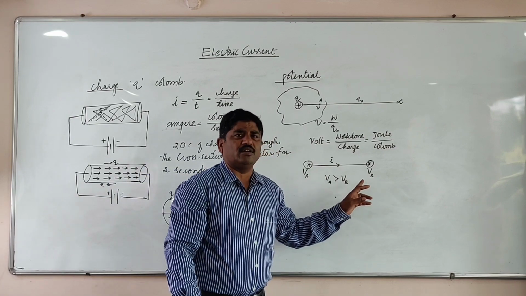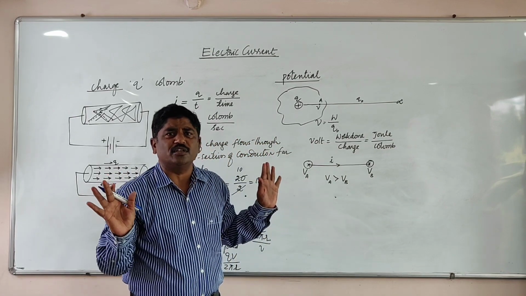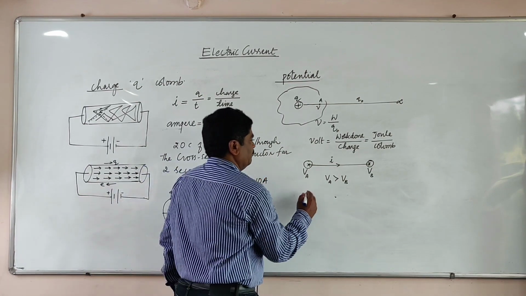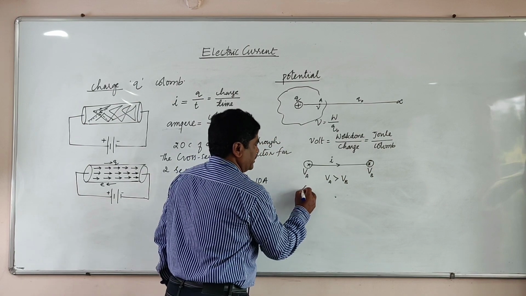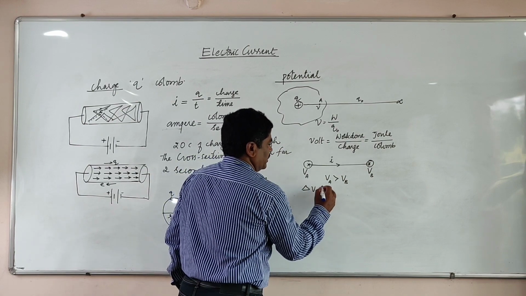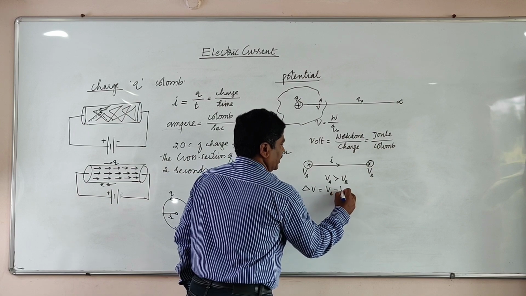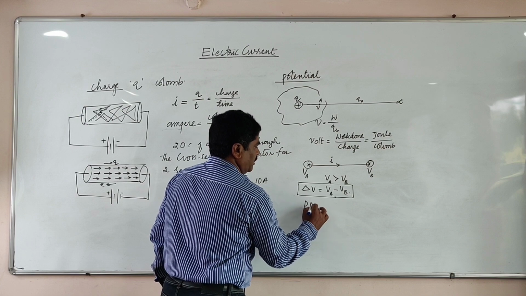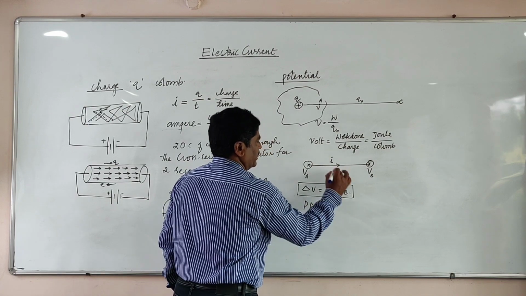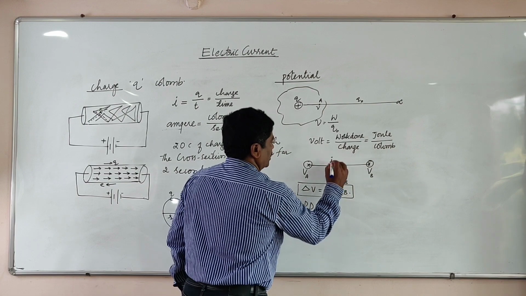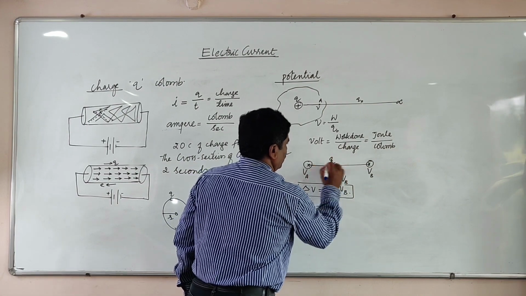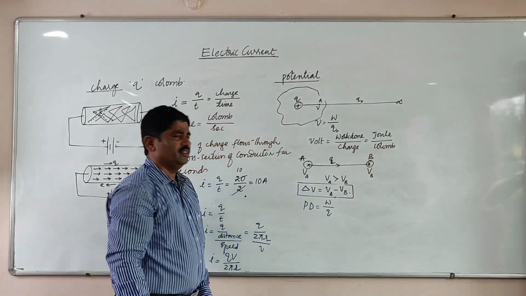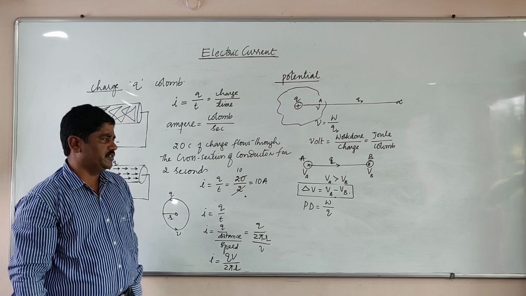If the two points have no potential difference, there is no flow of electric charge. That is why the potential difference between two points is denoted by delta V, which is VA minus VB. This is also the work done by the charge as it flows from point A to point B.